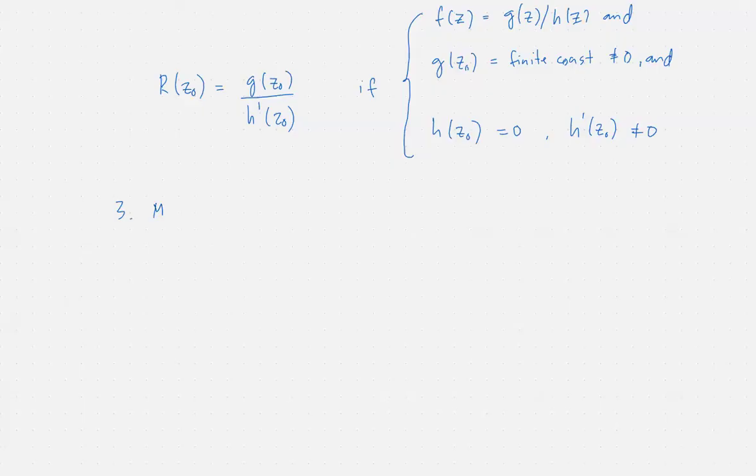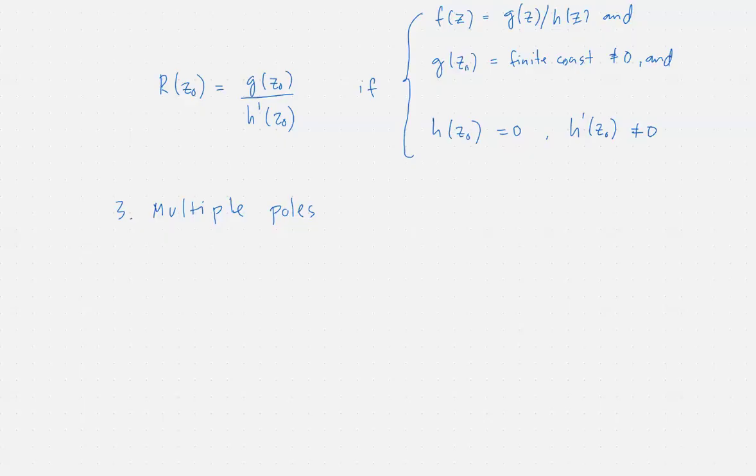Multiple poles. This is similar to what we discussed. If we have a pole of order n, that means it's like z minus z sub 0 raised to the n power, and the highest power is the order.